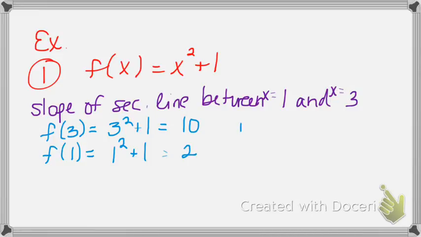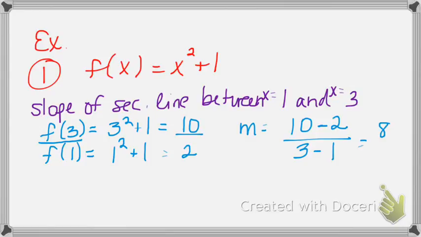So now if I want to find the slope of the secant line, I take the y values, subtract, and then divide by the x values subtracted. Make sure that since f of 3 was first, on the bottom I have to start with 3. So my slope is 8 over 2, which is 4.